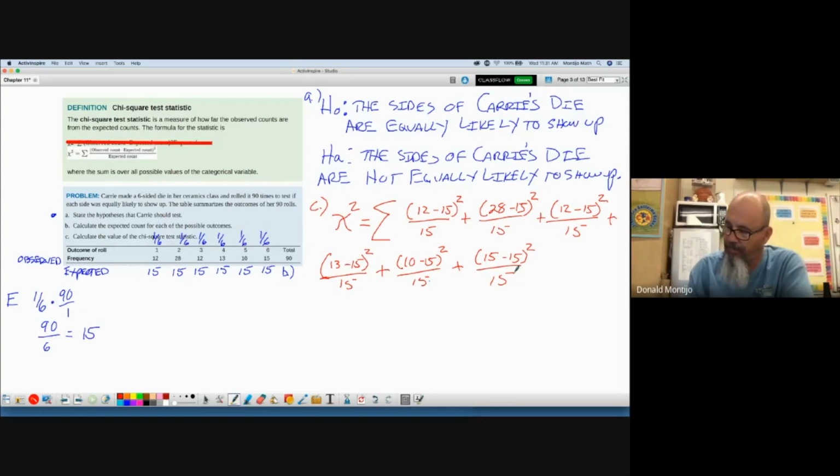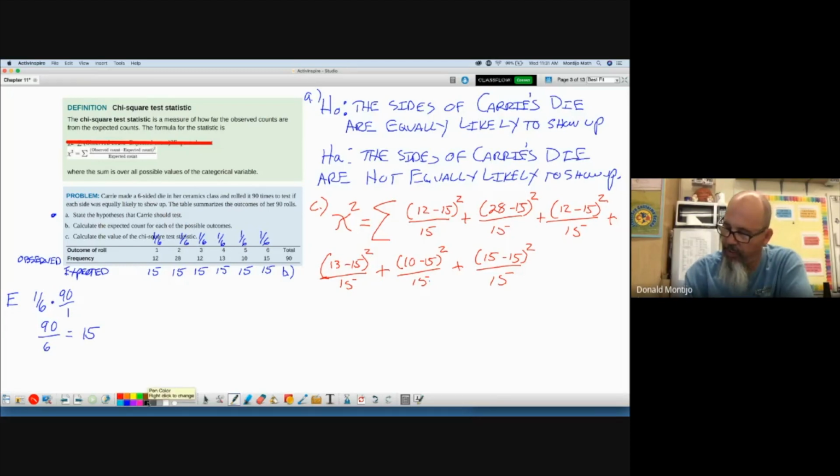So I could take my calculator and do this: 12 minus 15, that's 3, 3 squared is 9. So the first one turns out to be 9 over 15.